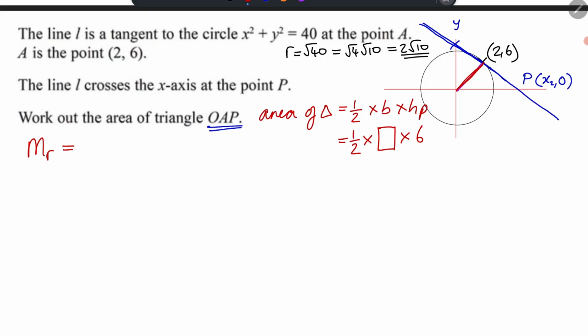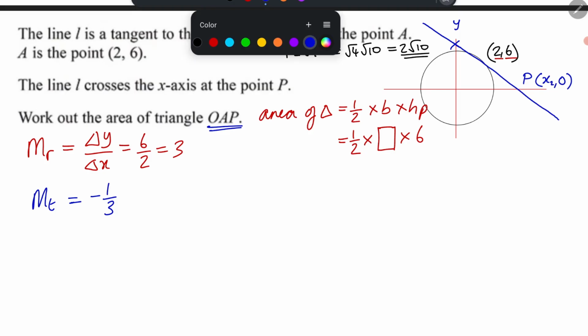So the gradient of that is equal to delta y over delta x. So changing y over changing x. Well, y is 6, x is 2, so it's going to be 6 over 2, which is 3. So that's the gradient of the red radius. M of t, so gradient of the tangent, which is the blue line, let's do that in blue, is equal to the negative reciprocal of 3. So that's going to be negative 1/3. It's not really much of a calculation to show with that. It's just negative 1/3.